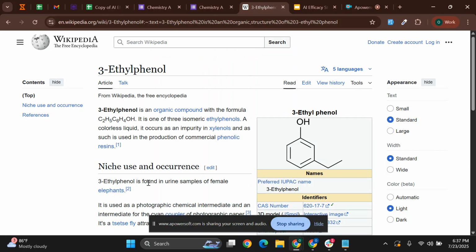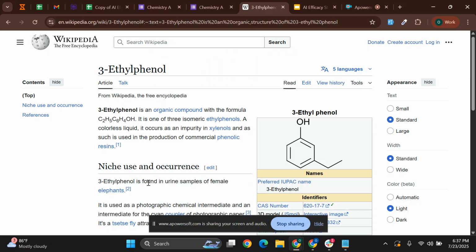So 3-ethylphenol is an organic compound with the formula C2H5C6H4OH. It is one of three isomeric ethylphenols, a colorless liquid.